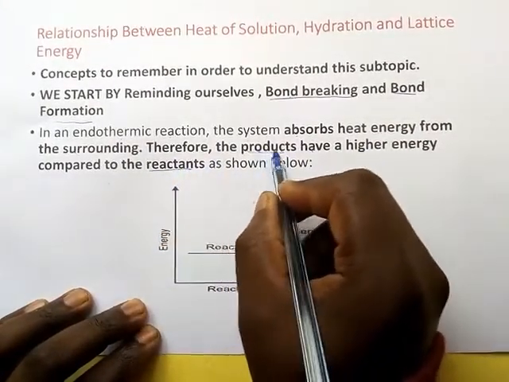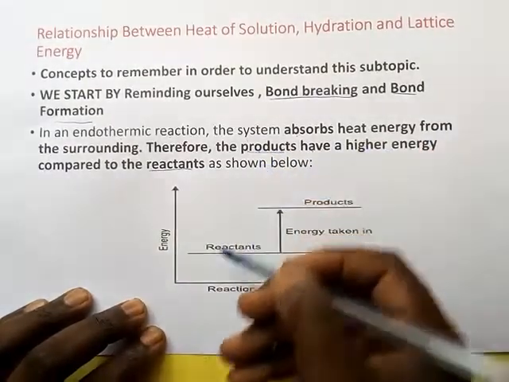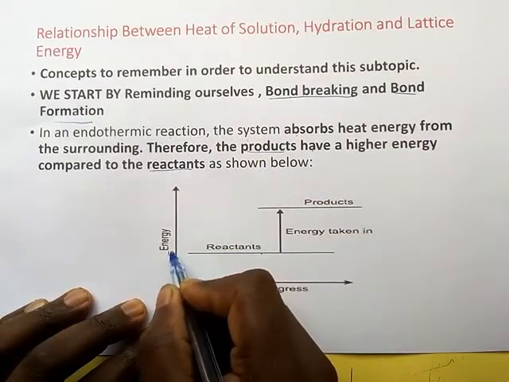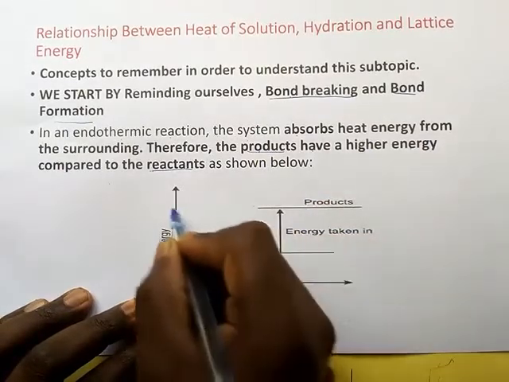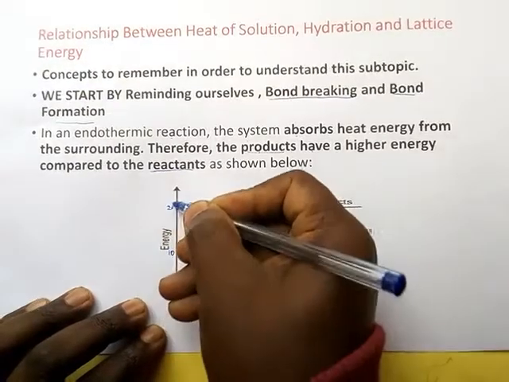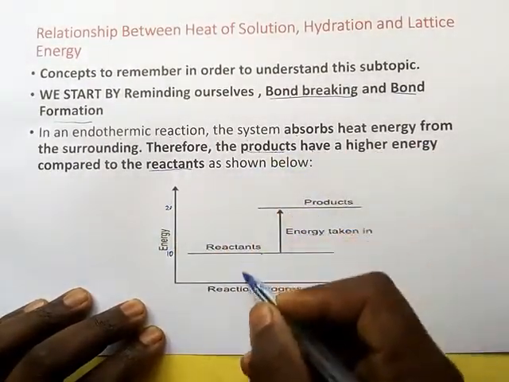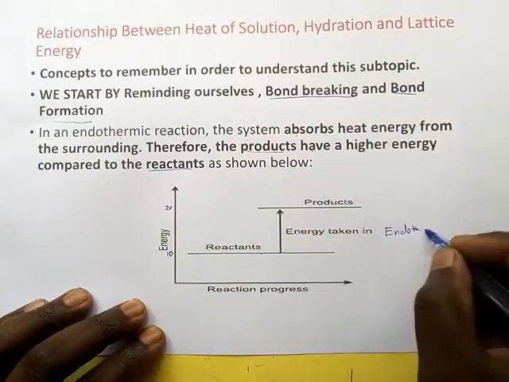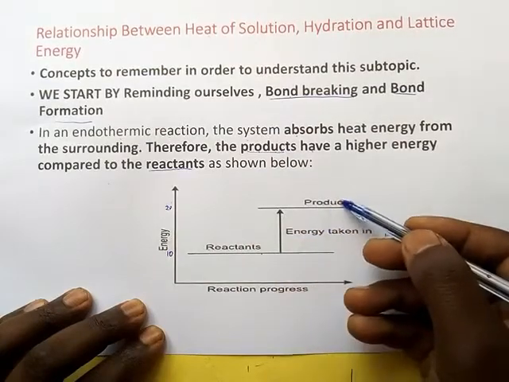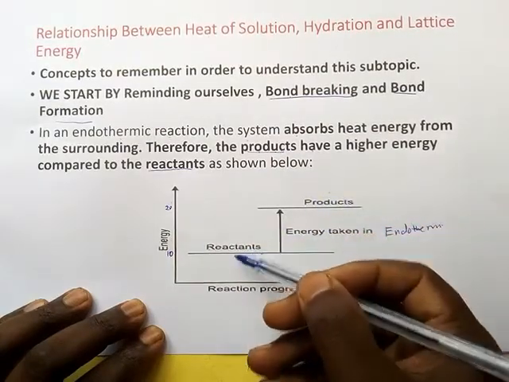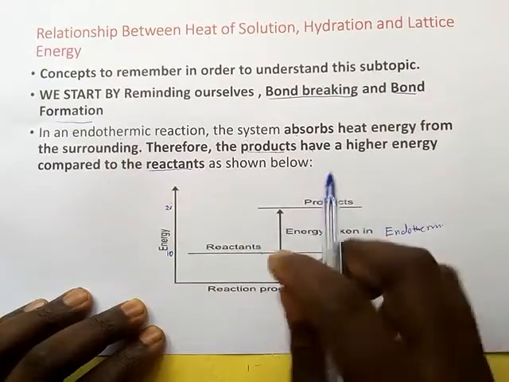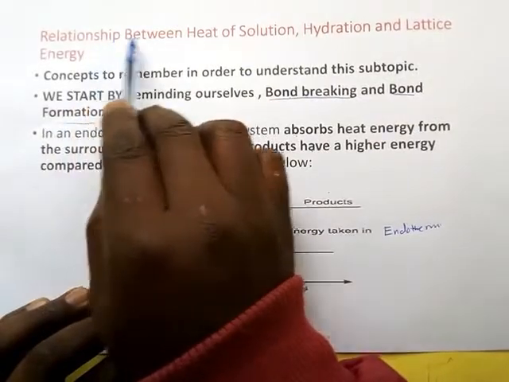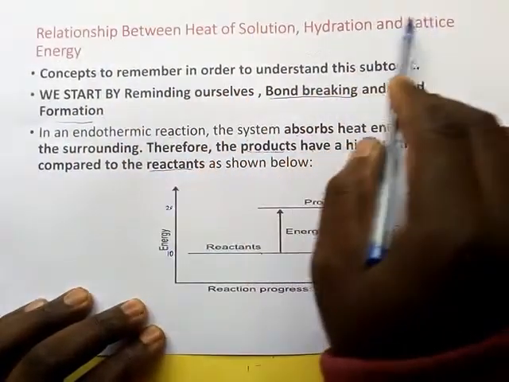So if the products have a higher energy, then we expect the reactants to be down, because suppose this one is 10, then the products must be something like 20. The energy is higher for the products. Remember that. So this one is for an endothermic reaction. So always remember that for an endothermic reaction, the products have higher energy and the reactants have lower energy. It is a reminder, because this is what is important for you to understand the relationship between heat of solution, hydration, and lattice energy.